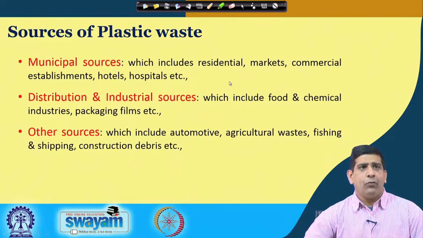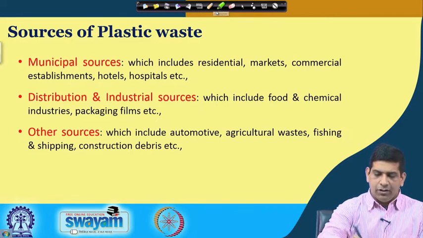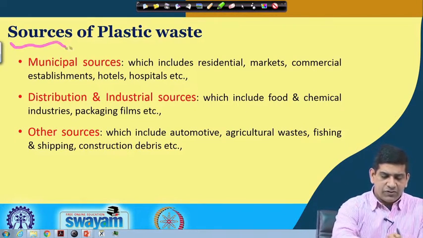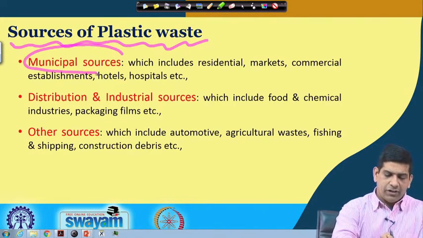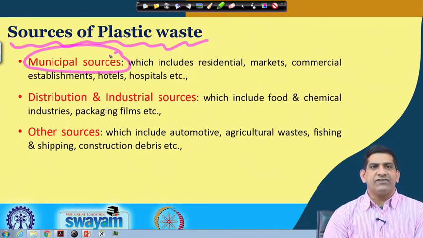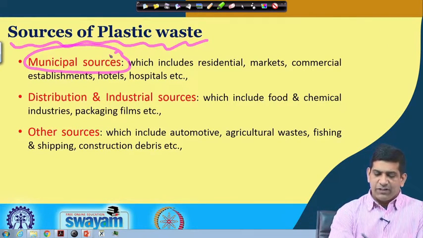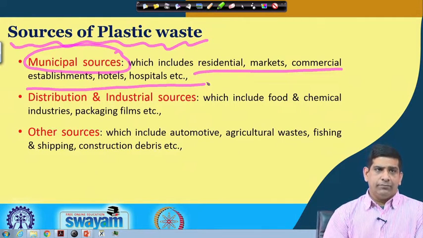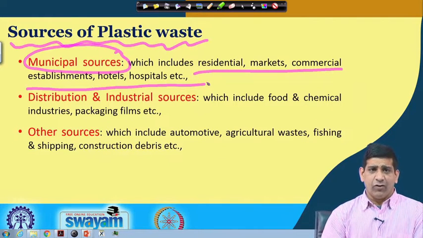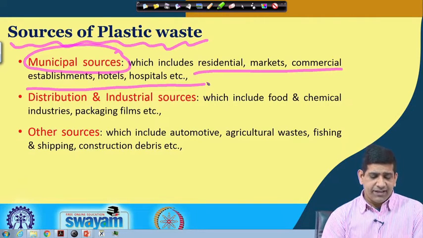So sources, where it is coming from, you probably got some idea already in the last two slides. In terms of the sources, basically where the waste is coming from, municipal: as part of the municipal waste, plastic was around 10% 7 years ago, and as I told you, the number is increasing. The number actually is going a little bit higher now. But the municipal sources include residential, markets, commercial establishments, hotels, hospitals, and biomedical waste has a lot of plastic there as well.